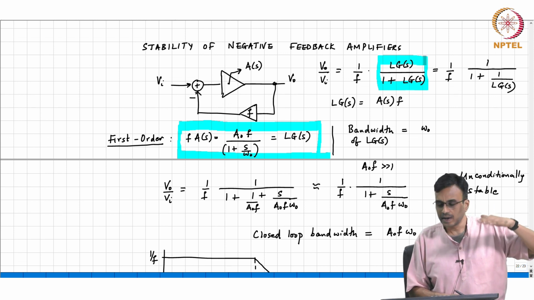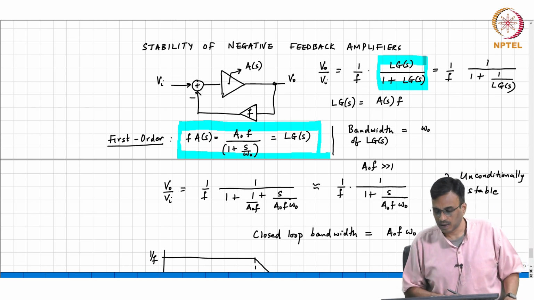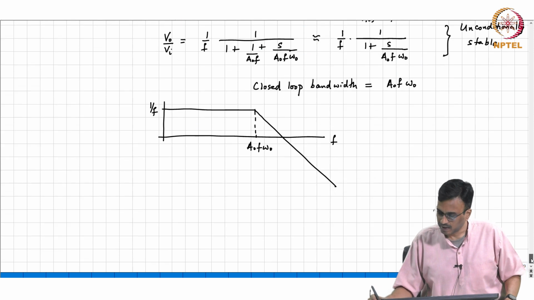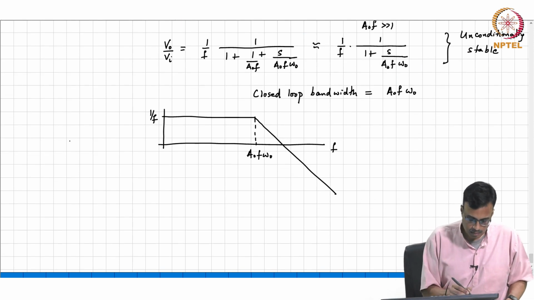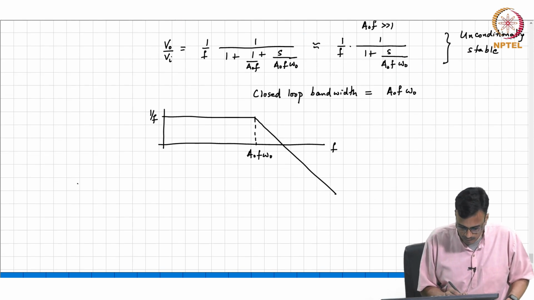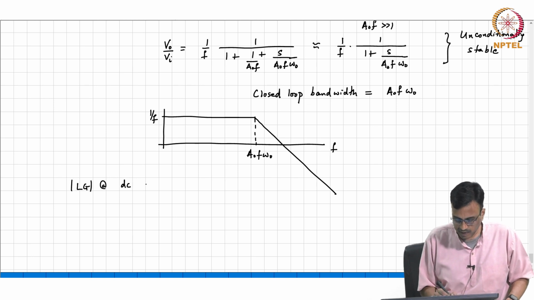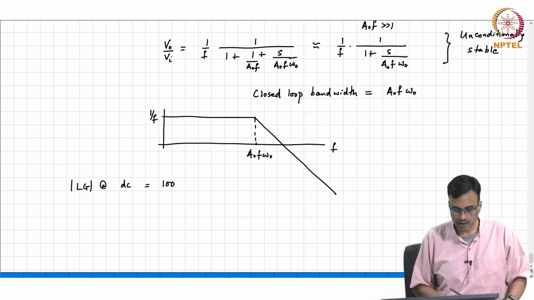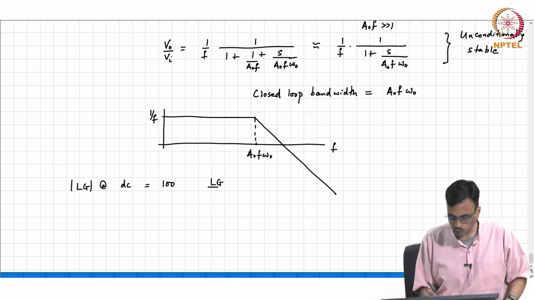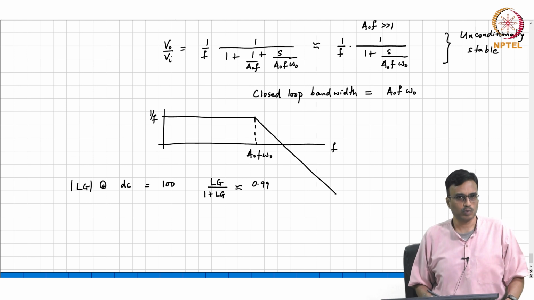Now, let me take a number. Let us say the magnitude of the loop gain at DC is say 100. So loop gain by loop gain plus 1 is approximately 0.99, okay, close to 1.